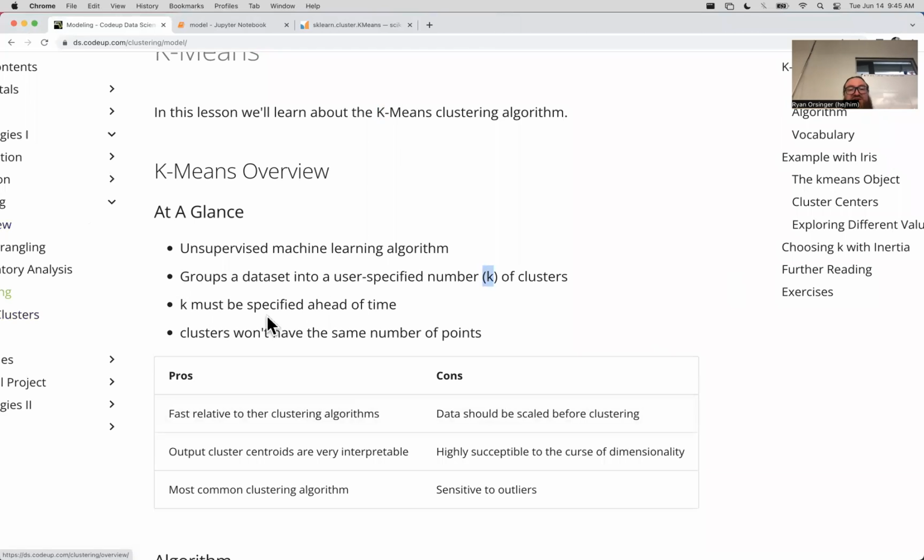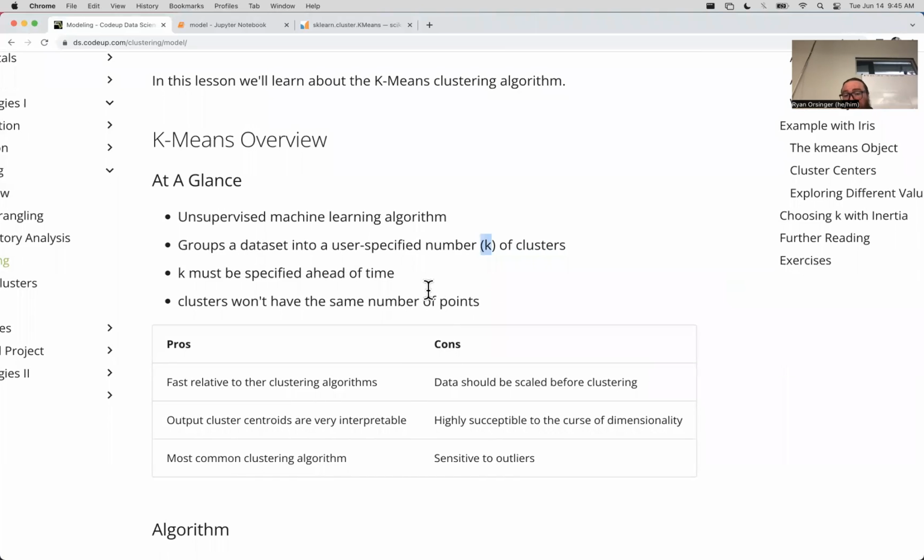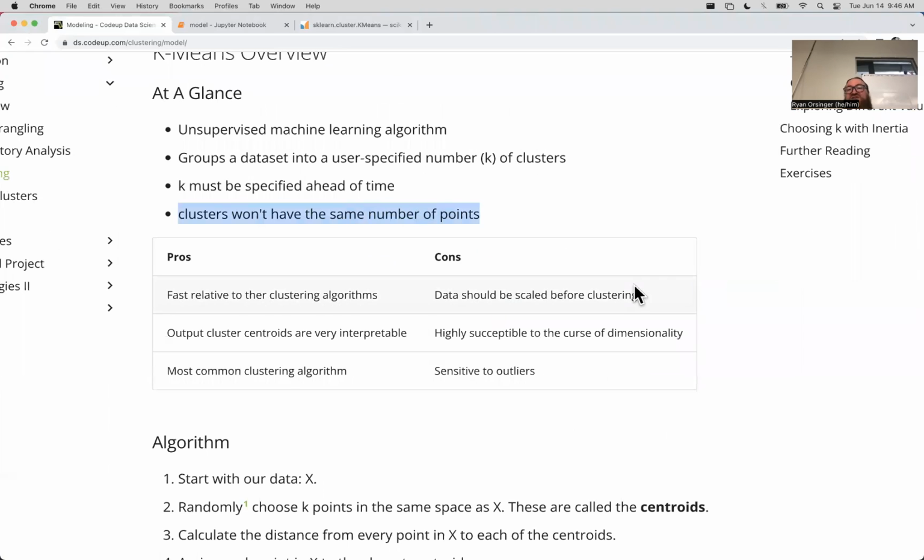It's a user-specified number, and you do need to specify k ahead of time. That's not going to keep you from cranking out a bunch of k-means in a loop to test k at 1, 2, up to whatever you think is reasonable. And there's no guarantee that our clusters have the same number of points. That's really dependent on the distribution of the data itself across the multiple columns.